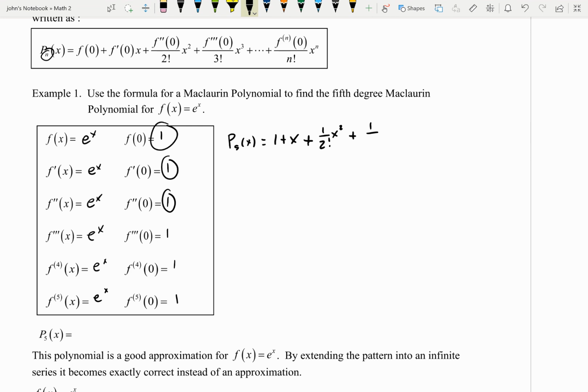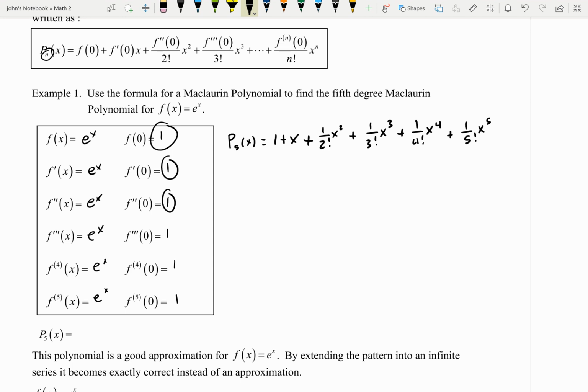This will be 1 over 3 factorial x cubed plus 1 over 4 factorial x to the 4th plus 1 over 5 factorial times x to the 5th. Okay, so there's the 5th degree Maclaurin polynomial.